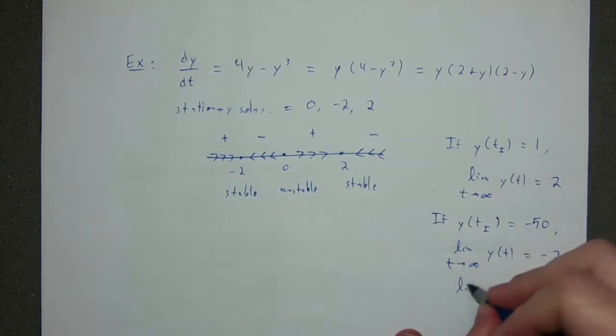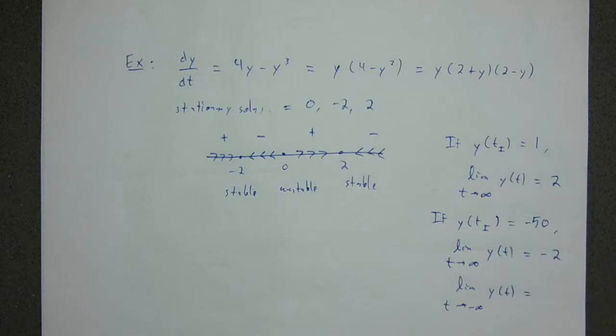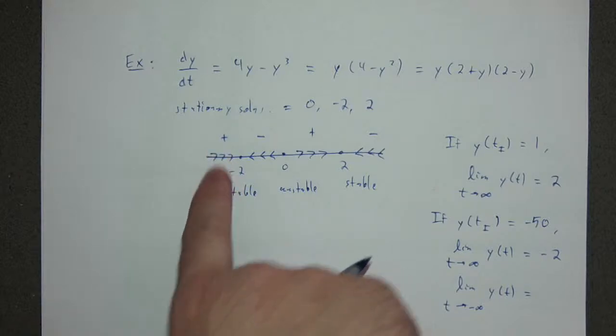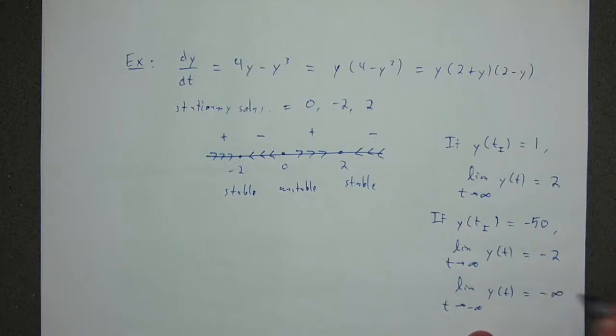What's the limit as t goes to minus infinity, in this case, of y of t? Well, this is increasing to minus 2, so this is minus infinity.